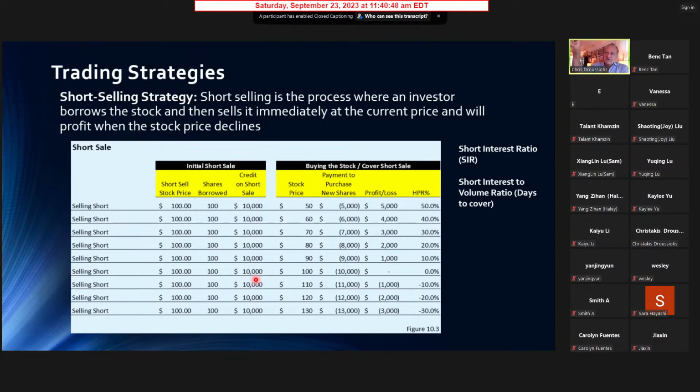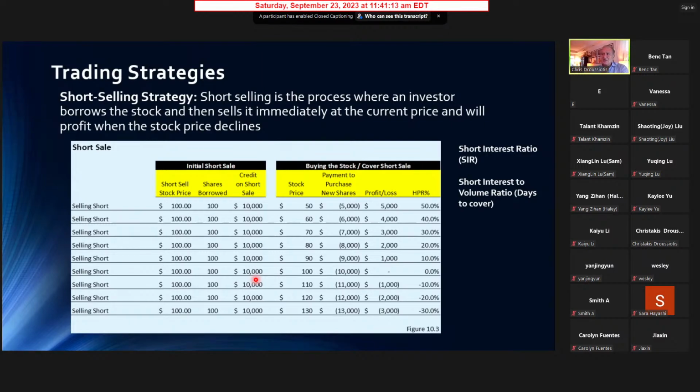It stays in an account, and you're waiting for the stock to go down. If it goes down, you buy the stock at a lower price and hand the actual stock back to the broker. Because it went down, you keep the original money minus what you paid to buy it back. So you make a profit.